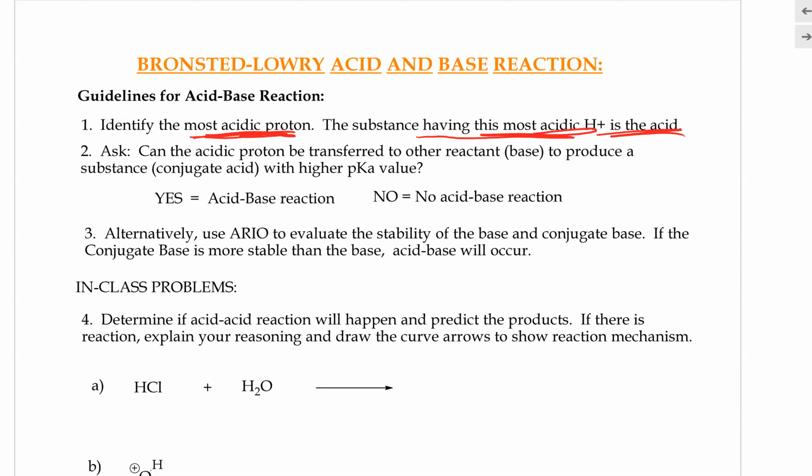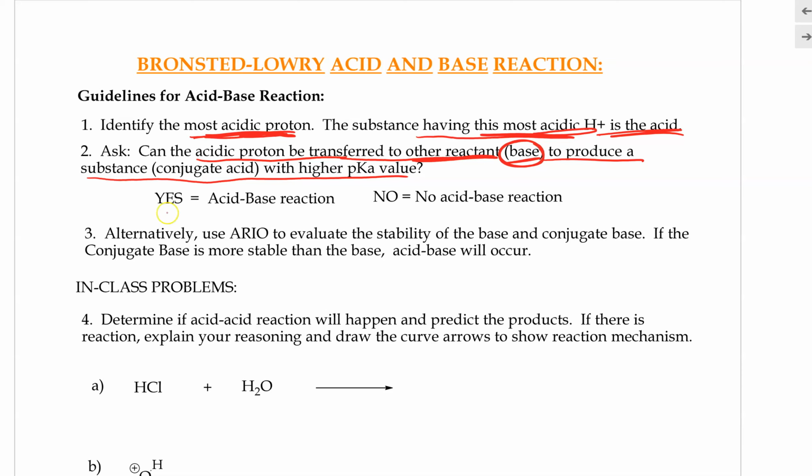And after we have identified the most acidic proton and its pKa value, we ask ourselves this next question. Can this acidic proton be transferred to another substance to produce a substance with a higher pKa value? So can we transfer the proton to another substance, and that substance would then be a base, to produce something with a higher pKa value?